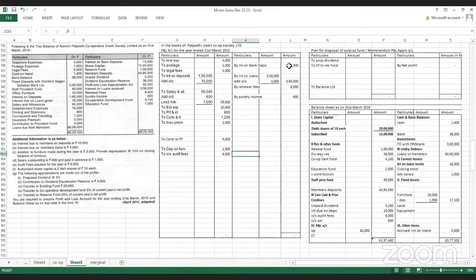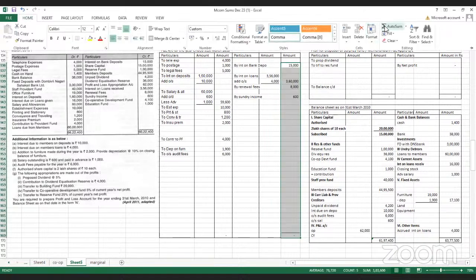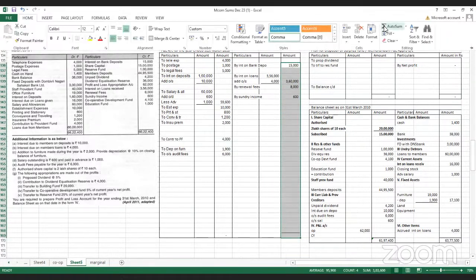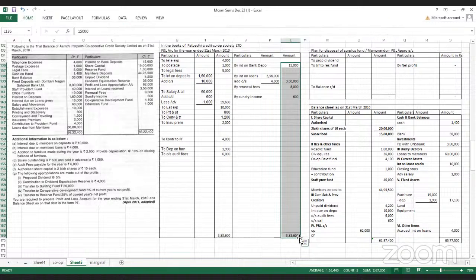Okay, I think we are done with every other thing. I have added 3,600 plus the other sign. Okay, we'll take total of all expenses.